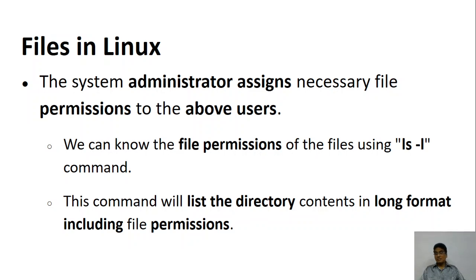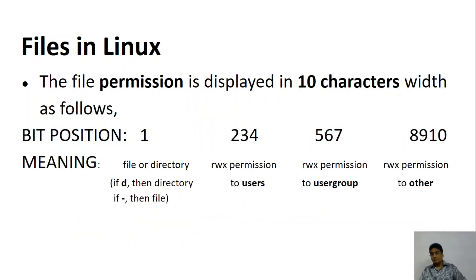You know very well ls is used to list the content, so you can use ls -l to list the content of the file. L is for long listing. When you long list it, it gives you the long format that includes the file name, all the permissions, the date at which it was created, and so on. So it includes everything.